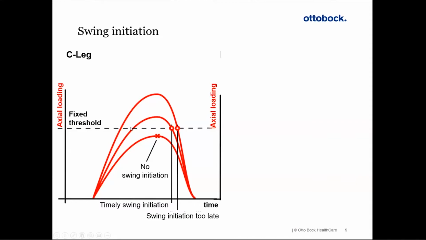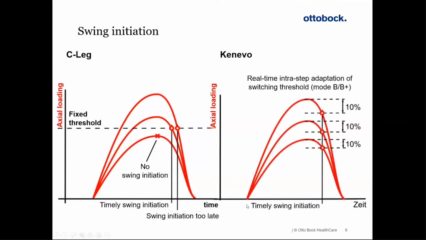But patients who walk with short steps, with shuffling steps, or who use additional walking aids like a walker or a crutch or crutches usually have issues to consistently reach that fixed threshold. That is why the Kenevo in modes B and B plus, not in mode C, works differently.